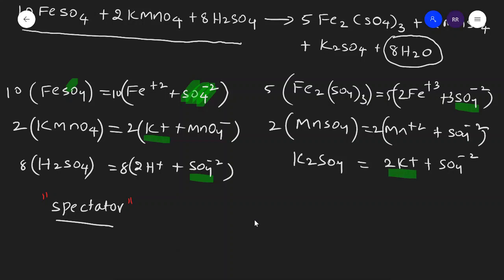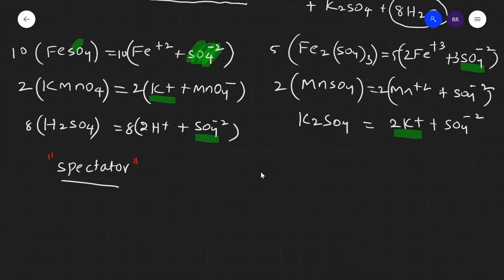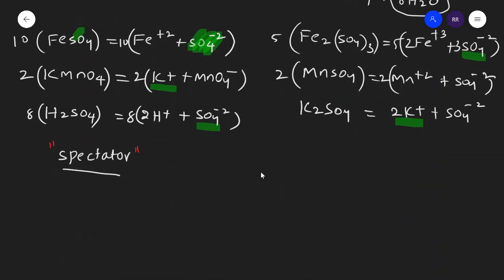By removing spectator ions, we can get the net ionic equation form. Let me write first the reactant side. 10 Fe plus 2. And I need not write 10 SO4 minus 2 because it is a spectator ion, so I can remove it.